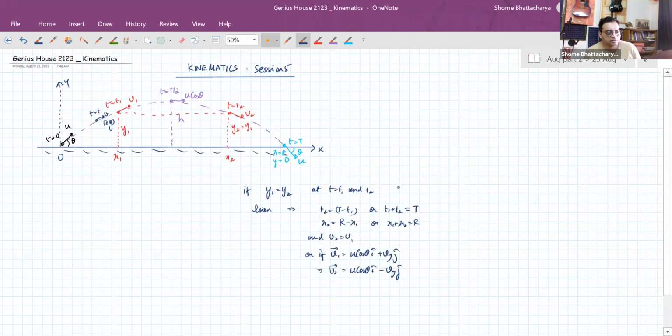So this is the symmetry of ascent and descent. So this is useful in certain types of problems.